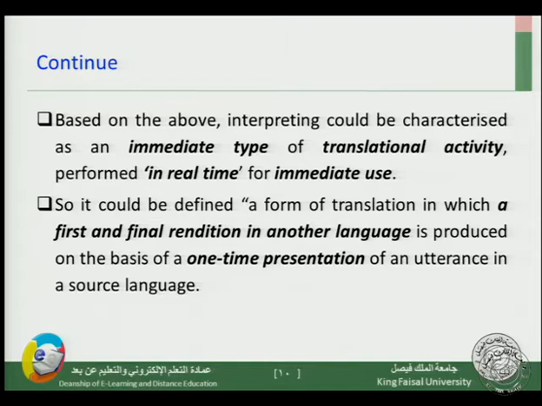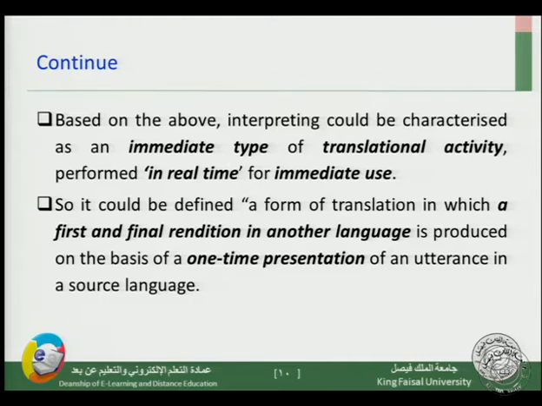It means interpreting is different from translation, but it is like translation, but it has its own characteristics. It is immediate. It has a certain time you need to achieve under time pressure, and you use it immediately.